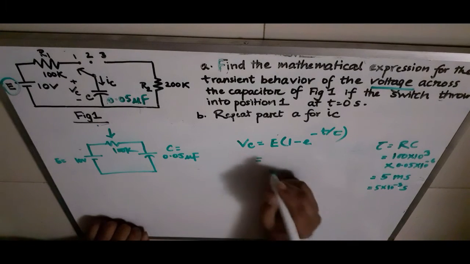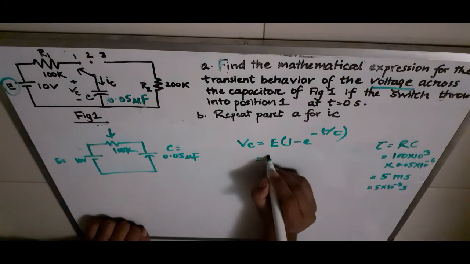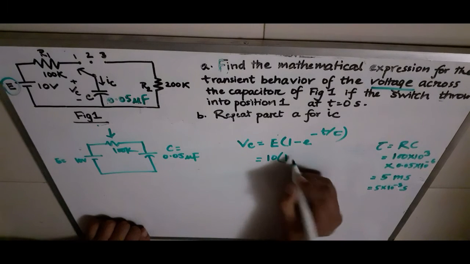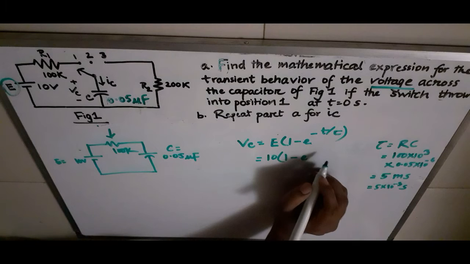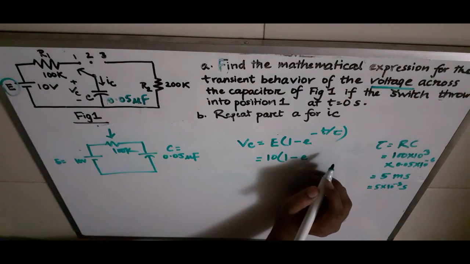Okay, so plugging in all the values, we plug in 10 into 1 minus e to the power, so what about these values? Do we know the value of t?